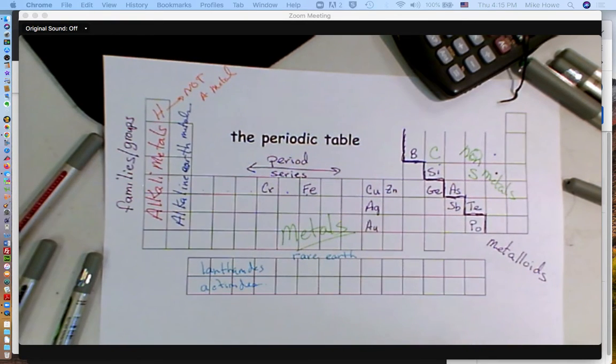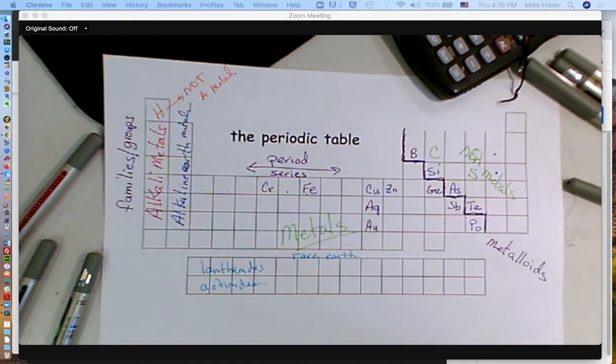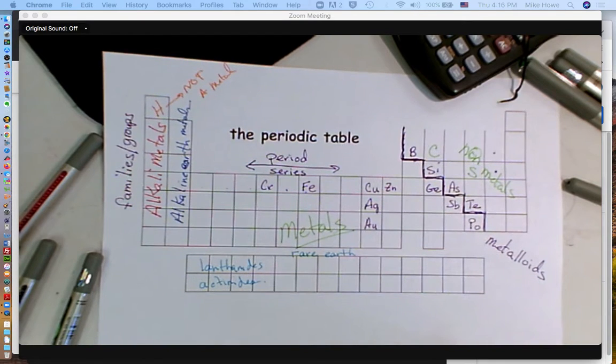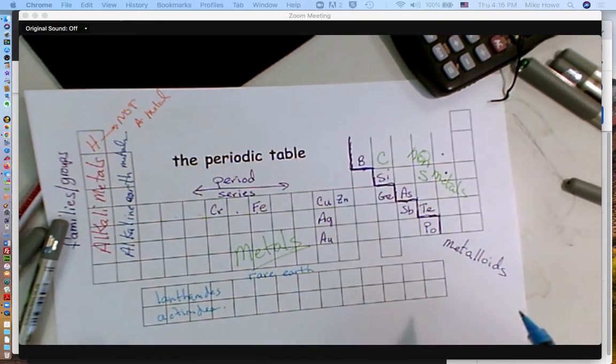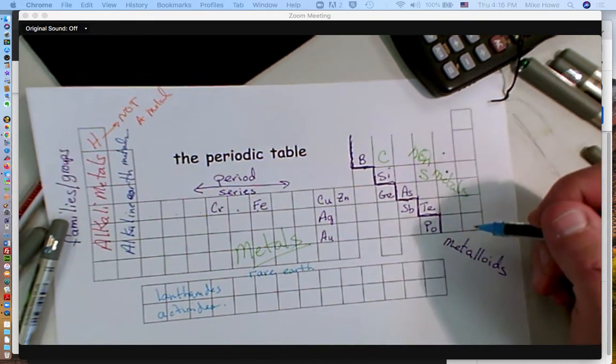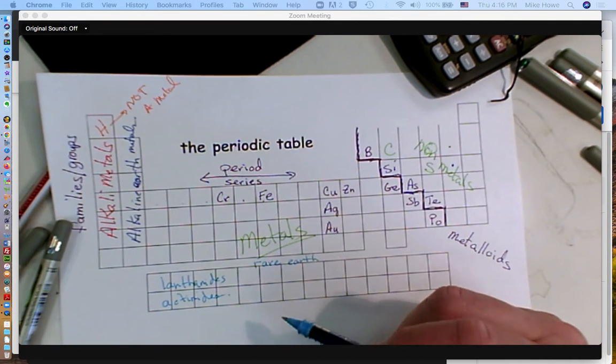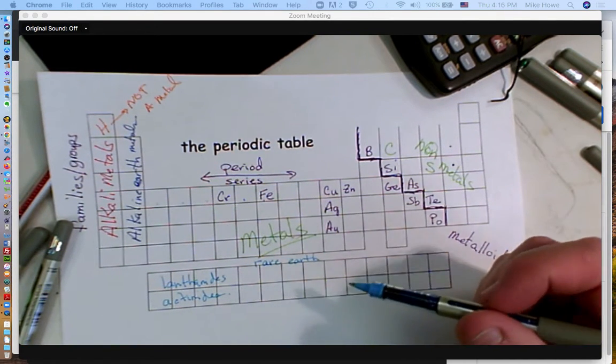And you can research that on the internet if you want to. We use them for a lot of electronics and such, and they're imperative that we have them. But they are not real noticeable. We just take them for granted. If we don't have them, though, then we don't have the electronics that they help make. All right, so those are rare earths and lanthanides and actinide series.